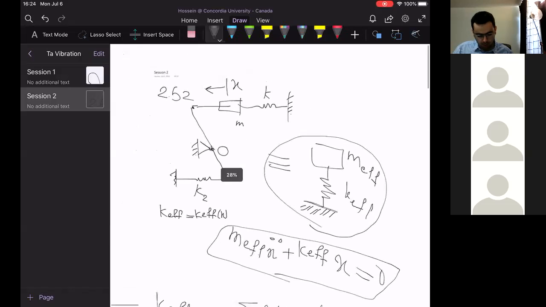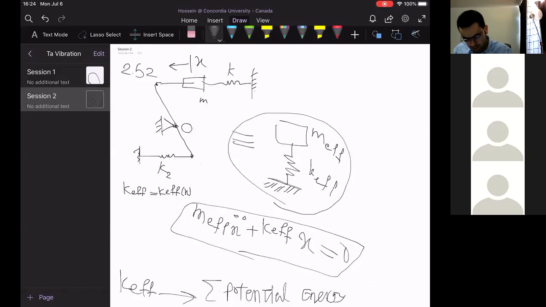Before we start, you have to always relate all the rotational movement into a linear displacement, or you can change all the linear motion into a rotational motion. The point here is that you have to have at the end all the terms in terms of theta or all the terms in terms of x.